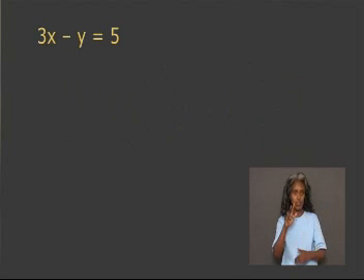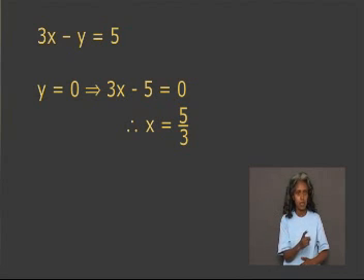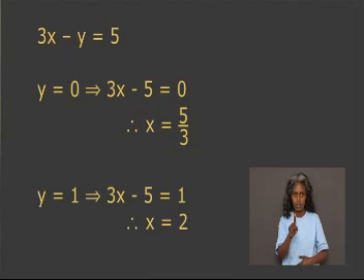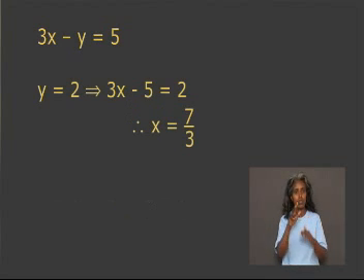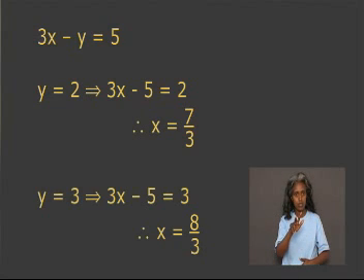Now we solve 3x minus y equals 5. Where y equals 0, the equation becomes 3x minus 5 equals 0, and the value of x is 5/3. Where y equals 1, x is 2. Where y equals 2, x is 7/3. Where y equals 3, x is 8/3.